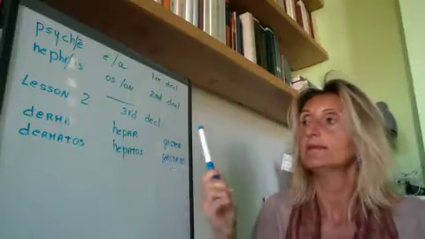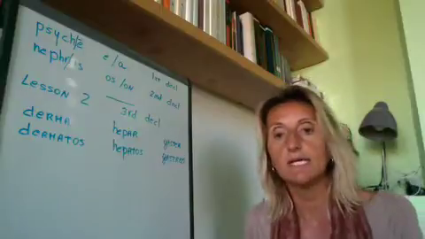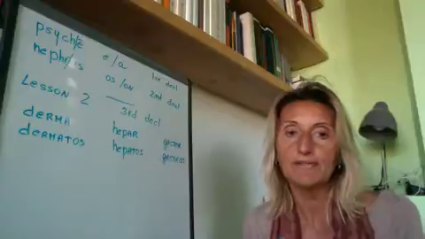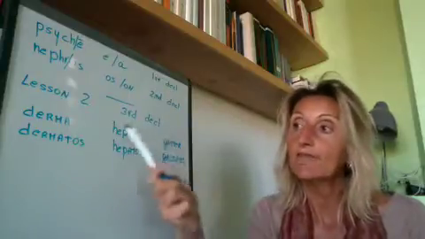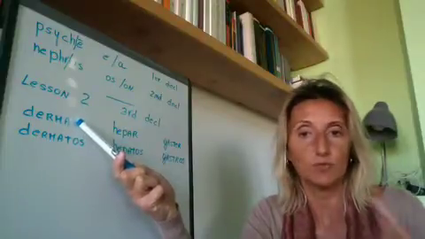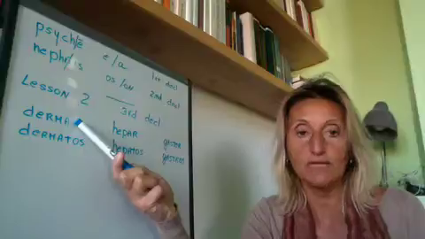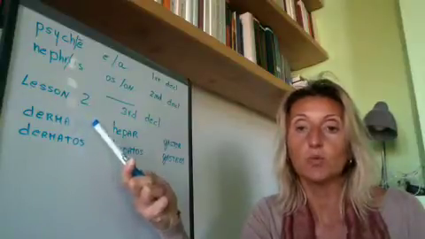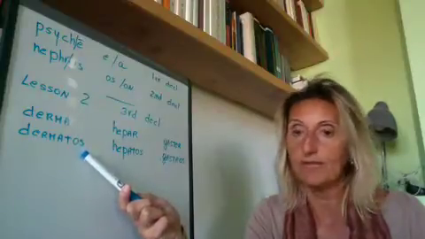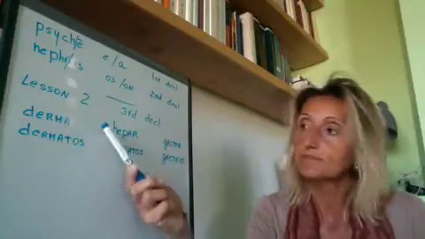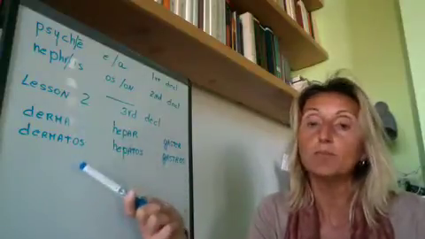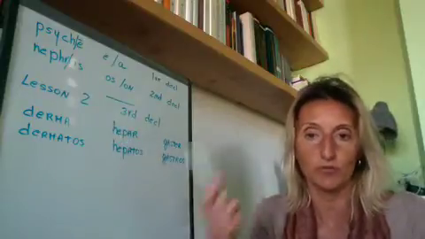In lesson 2, instead, we are looking at many words of the third declension, which is characterized by the fact that very often the form that the word has in the nominative, meaning when the noun works as a subject, is different from when it works as a direct object or indirect object. Okay, so the word has two forms, and you can find both of them in the formation of the Greek nouns.